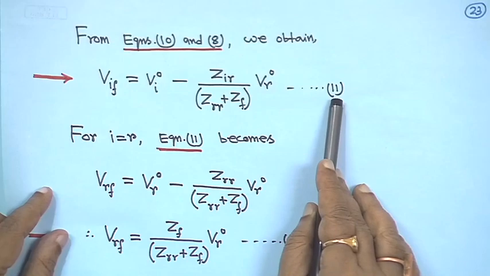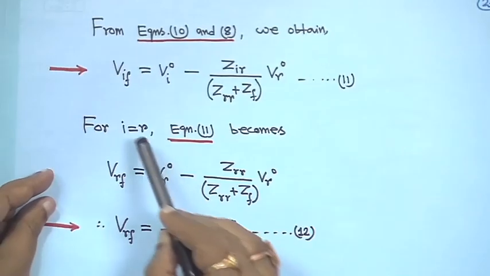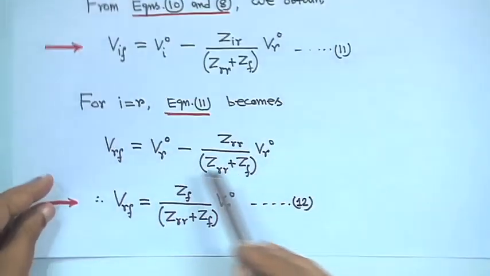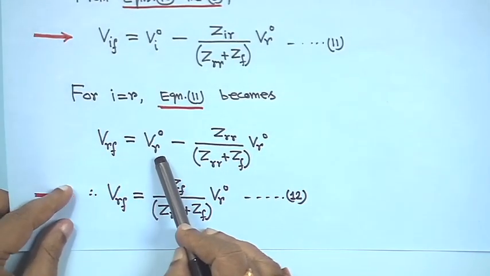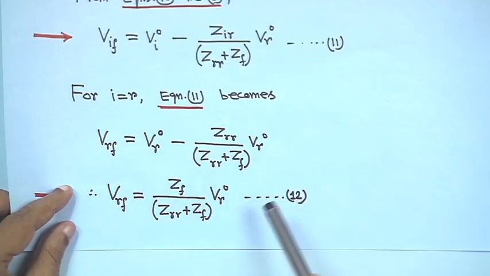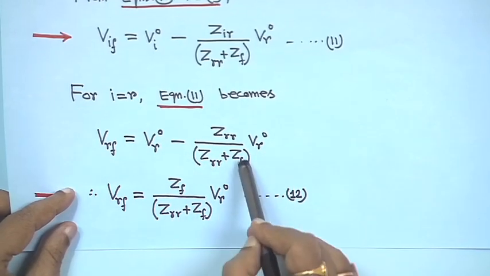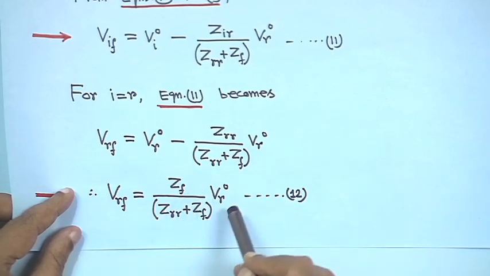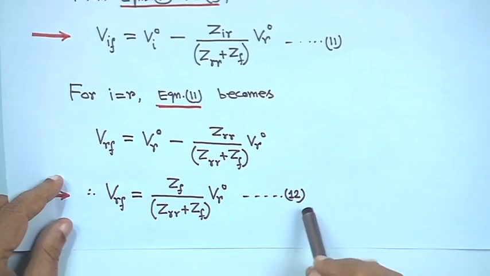This is equation 11, and in equation 11, when I is equal to R, you put it here. Therefore, you will get VRF is equal to VR0 minus ZRR upon ZRR plus ZF into VR0, or simplifying, VRF is equal to ZF upon ZRR plus ZF into VR0. This is equation 12, right.